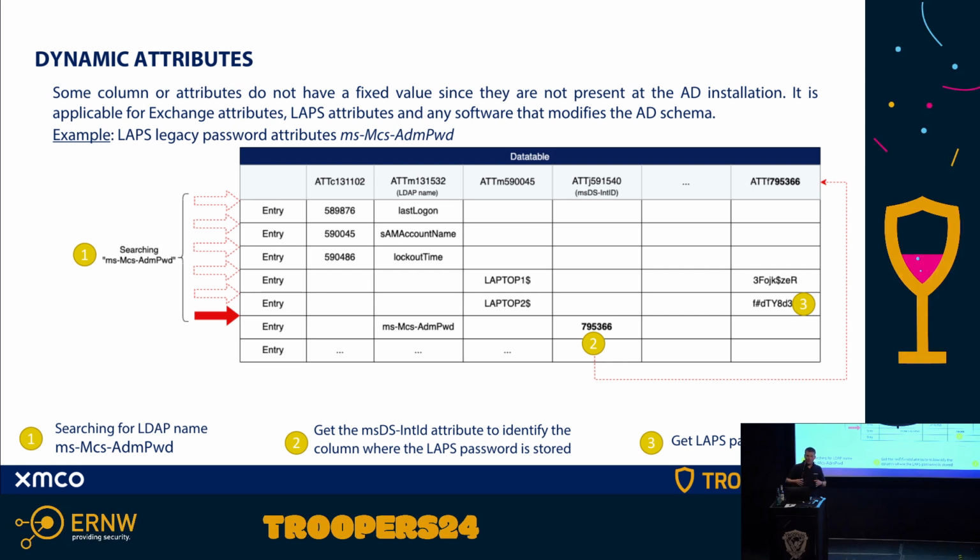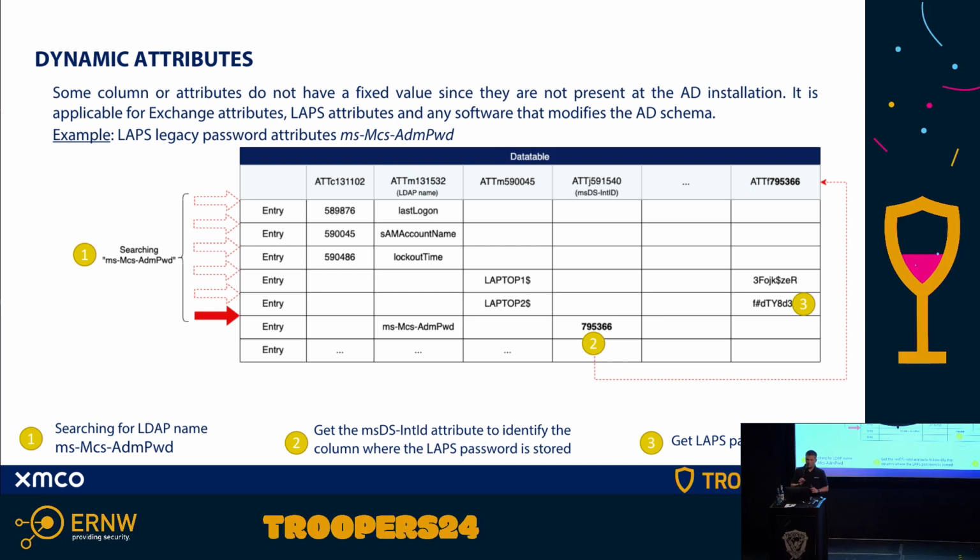When you install LAPS, this solution modifies your Active Directory schema and adds new attributes in your Active Directory. So to retrieve the LAPS password, first of all, you need to look at the LDAP name of the LAPS password, which is ms-Mcs-AdmPwd. And when you have a match, it means LAPS is installed on the domain.